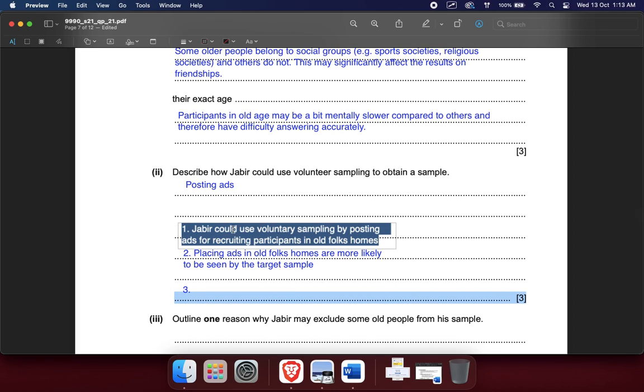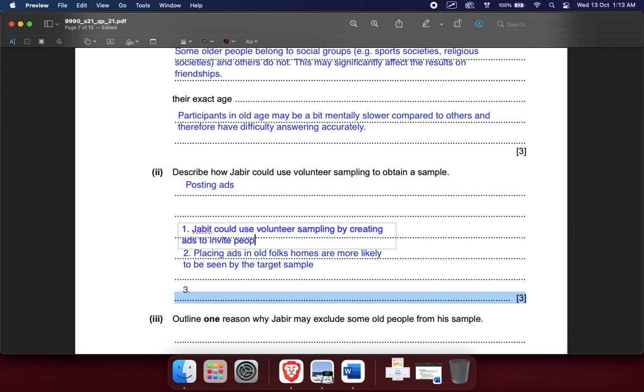Okay, no, I know what you can do. Jabir could use volunteer sampling by creating ads to invite older people to his study. Right, that's one point.